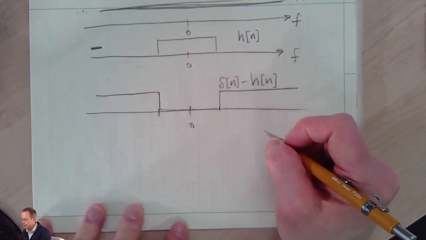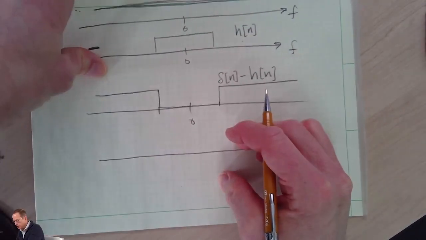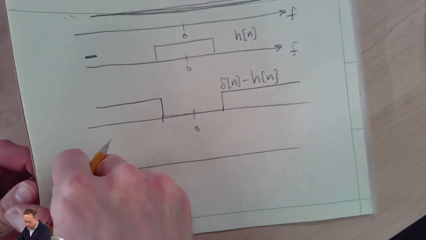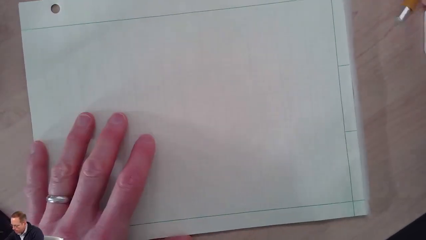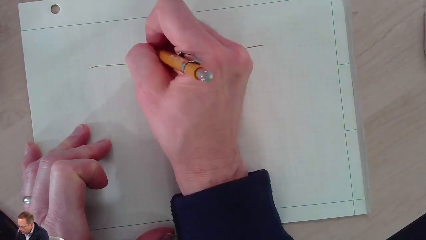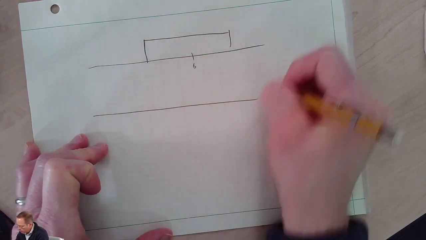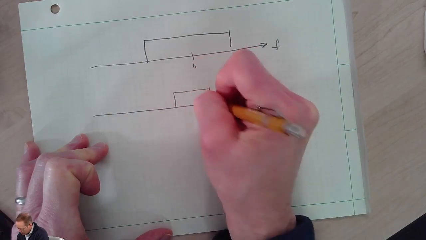What if we wanted a band-pass filter? Let me start on a new sheet of paper here. So suppose we took a wide low-pass filter and we subtract from it a narrow low-pass filter.